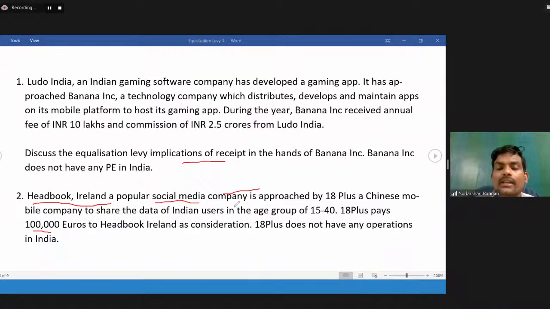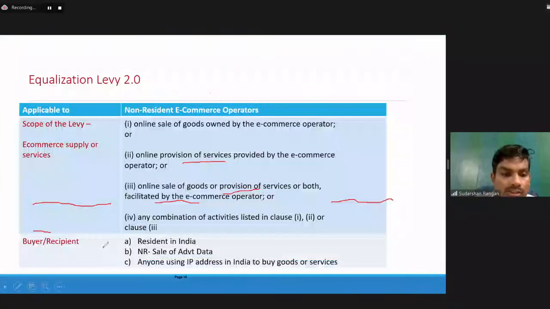Now, who is the recipient? Remember, we always mention the recipient should be a resident Indian, but here the data is being sold to a Chinese company. So the buyer is not a resident; he seems to be a non-resident. So can we say equalization levy is not applicable? This is where equalization levy 2.0 says, if the buyer is a non-resident and the sale of an Indian person's data happens, then even for those NR to NR transactions, equalization levy will attract.